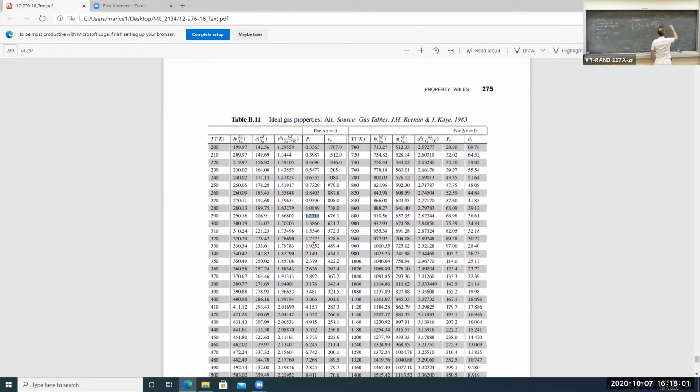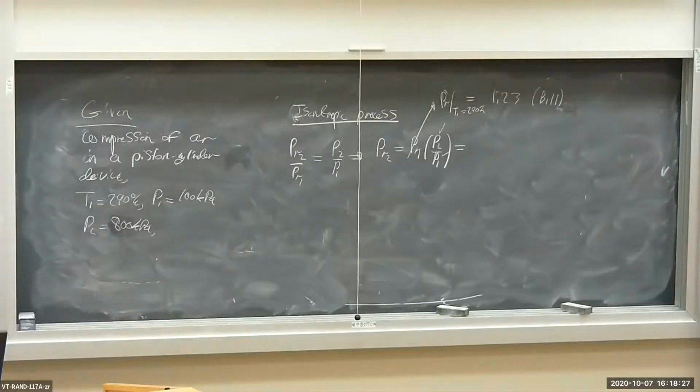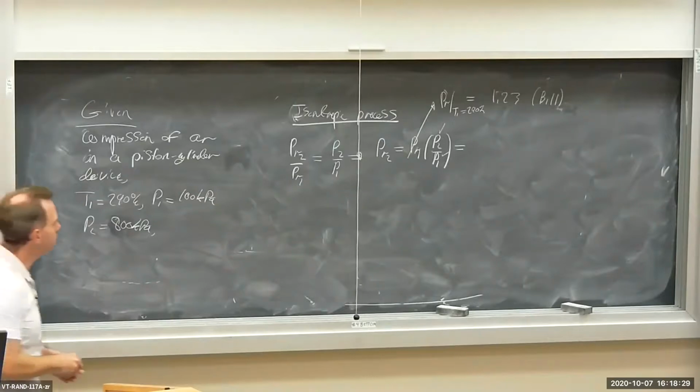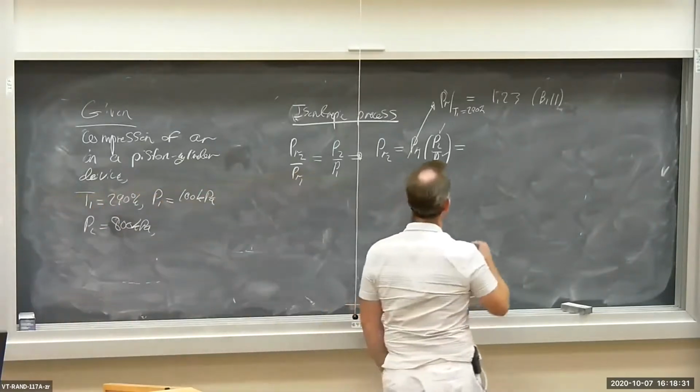Okay, and that's from table B11. It says up here in the header, for delta S equals 0. That's what you use, reduced temperature, reduced specific volume and pressure in these columns for isentropic processes. So let's calculate PR2 and then we'll back out what U2 is.